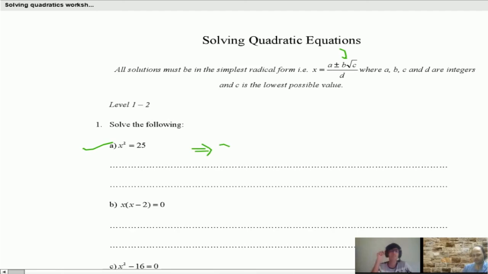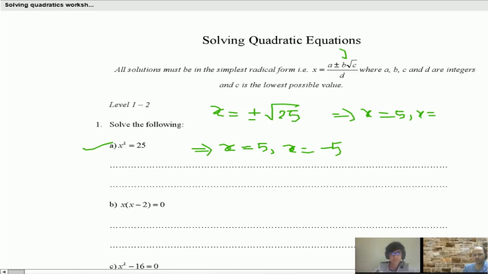Now the question is, x should be equal to 5 or x should be equal to minus 5. So how will we get this? We have to find square root of that 25, which would imply x equals 5 and x equals minus 5. Right?